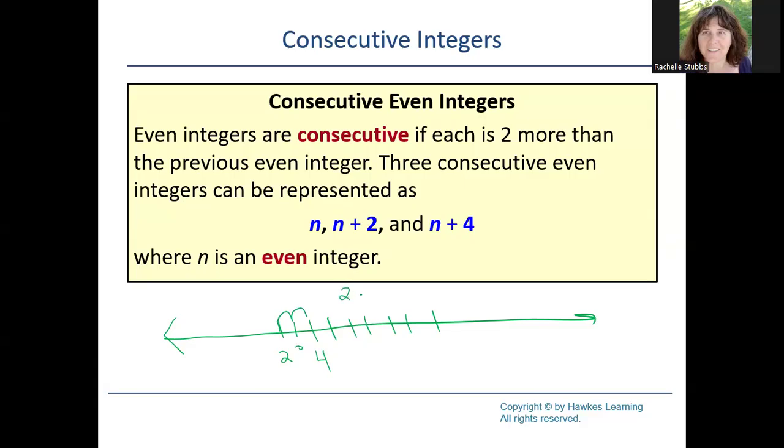So if we started at 2, then the next number is 2 plus 2. And if we wanted to go to the next one, which is 6, we would actually go 1, 2, 3, 4 away. So 2 plus 4. So just like odds, even numbers work the same way. Our next one would be n plus 6. And our next one would be n plus 8.